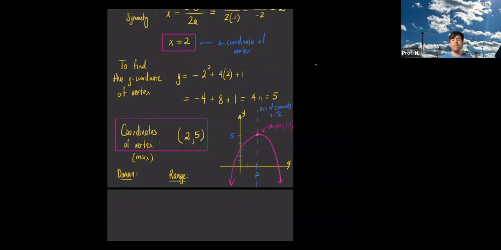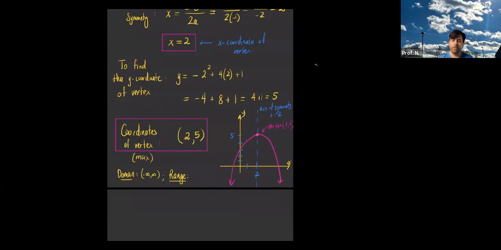So what would be the domain of any quadratic? Because my quadratic keeps on going downward as you move to the right and to the left, your domain for quadratic functions is always negative infinity to infinity.